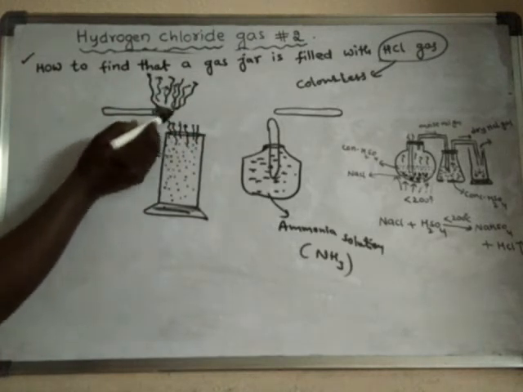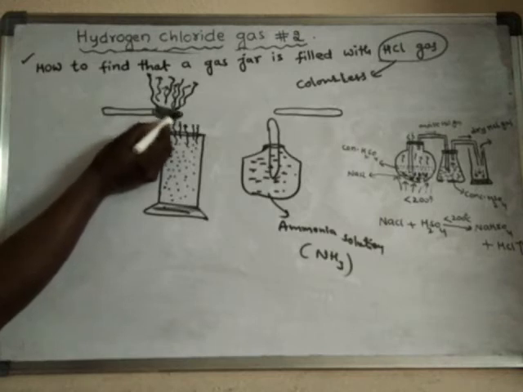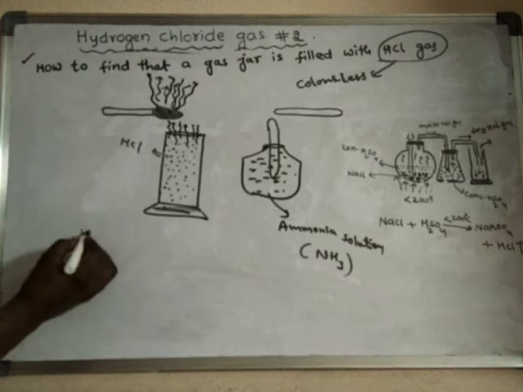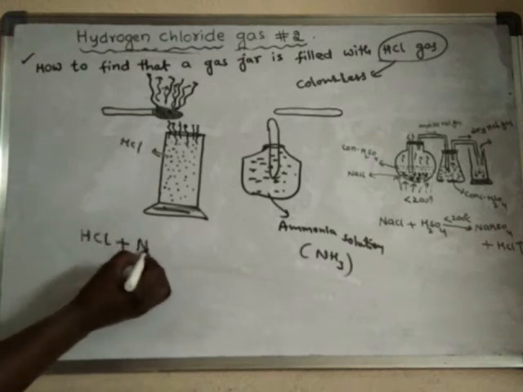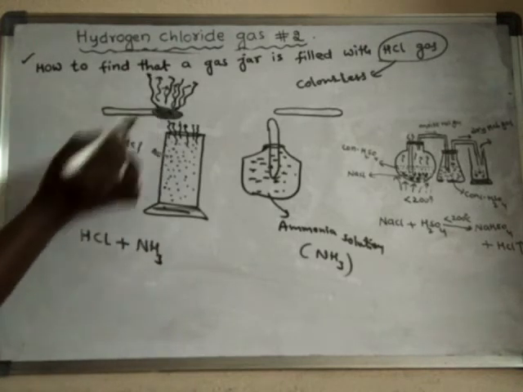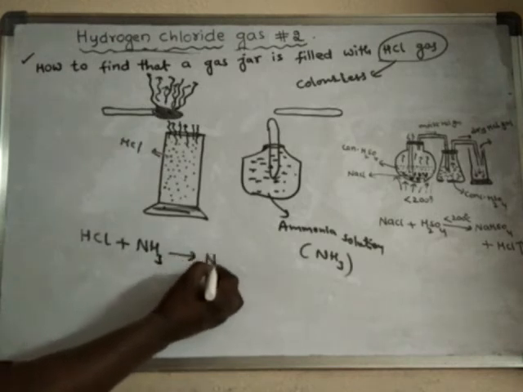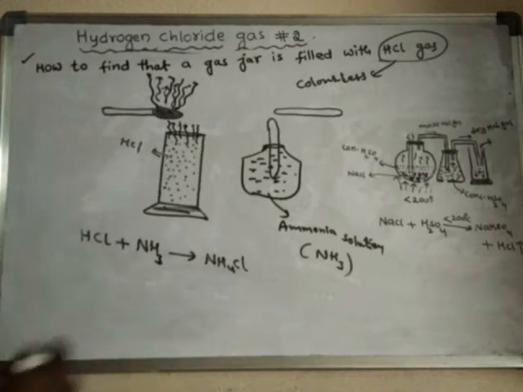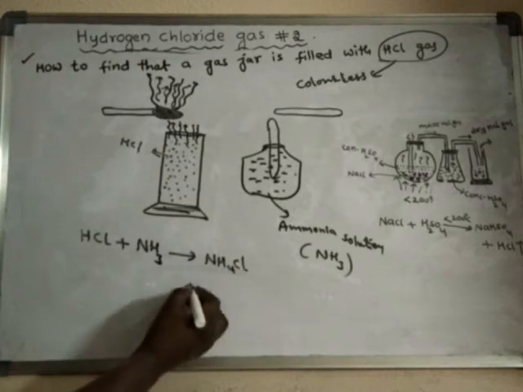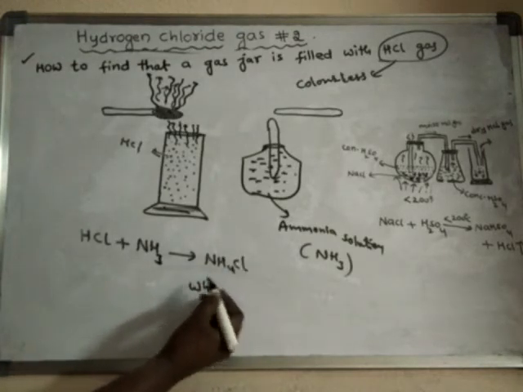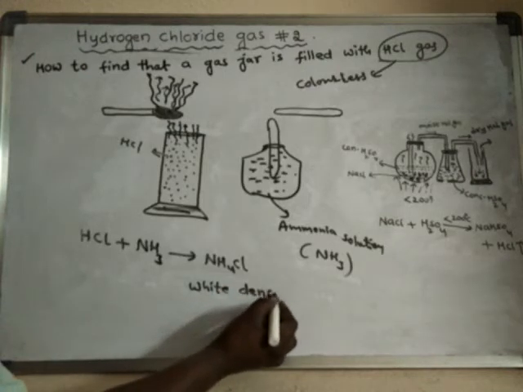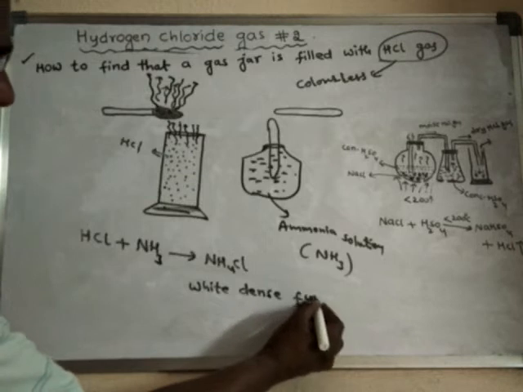If they touch this glass rod, what happens? The HCl will react with the ammonia present on this rod and convert into ammonium chloride. So it forms a new substance, dense white fumes.